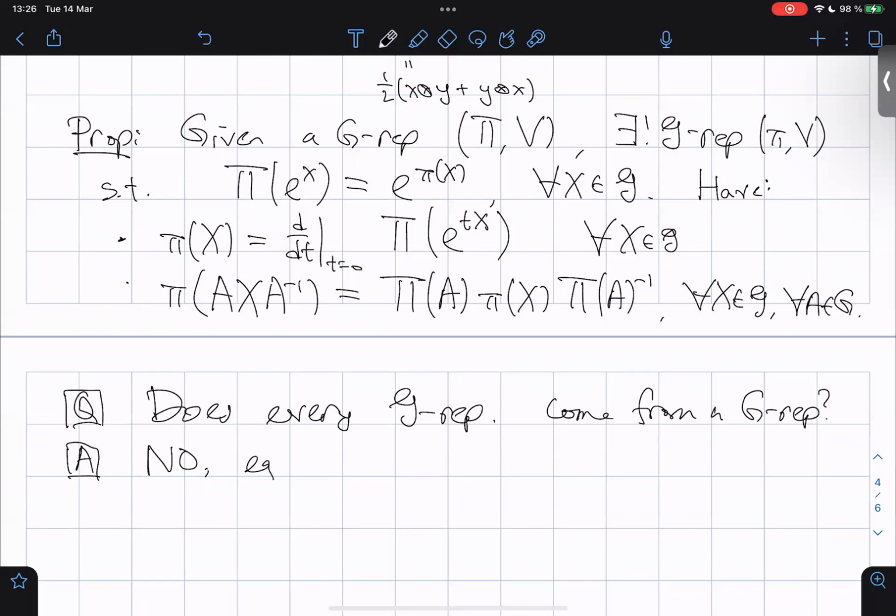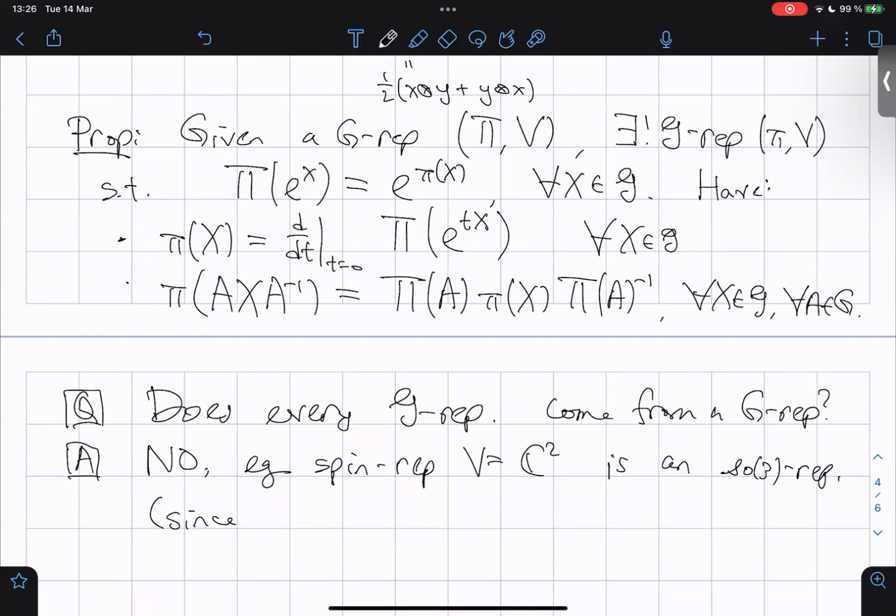So a nice example of it is the so-called spin representation. This two-dimensional complex representation is an so3 rep, and that's not too hard to see because, something that you've seen before, so3 is isomorphic to su2 as a Lie algebra.